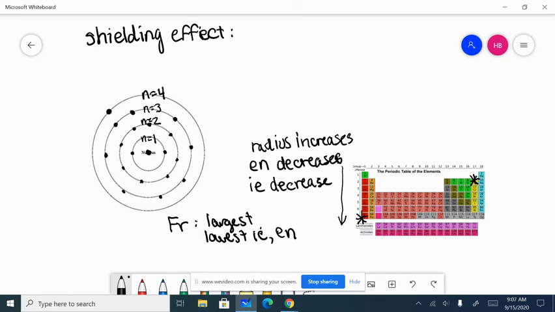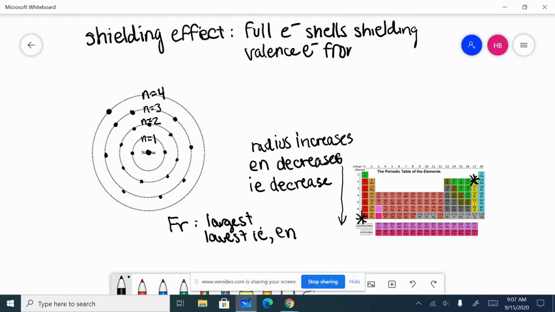And that is a summary of the shielding effect, which is caused by the full electron shells shielding the valence electrons from the positive protons in the nucleus.